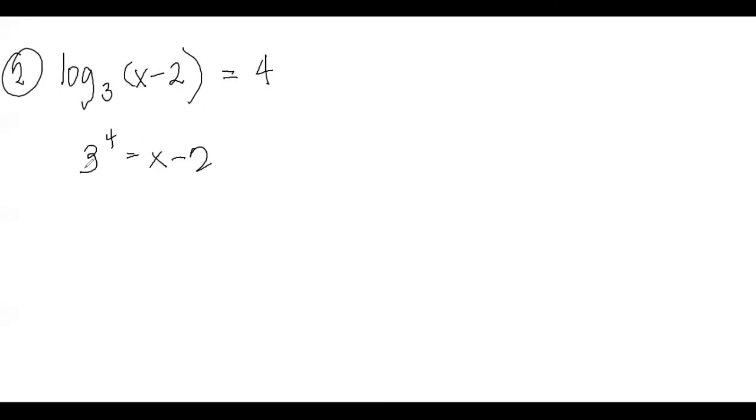So simplify. 3 raised to 4 is ilan? 3 times 3, 9 times 3, 27. Pang-apat is 81. So, 81 is equal to x minus 2. Lipat si 2, 81 plus 2 equals x. X is equal to 83. Okay? So, yan po siya.